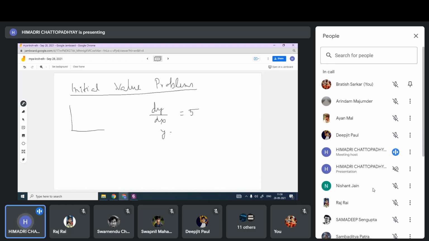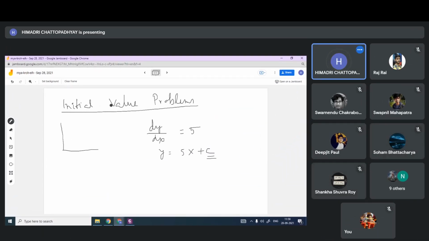So you know that y equals 5x plus c. This is y, this is x. The actual solution depends on what the value of y0 is at x equal to x0. Let's say this is 2. So I can say at x equal to 0, y is 2.